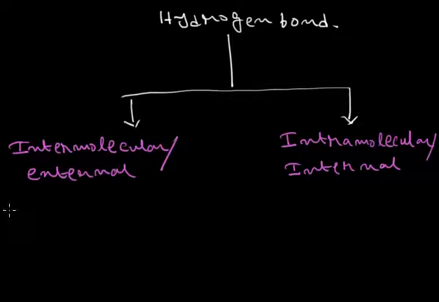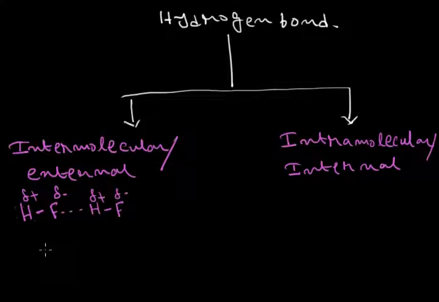In intermolecular hydrogen bond, two different molecules are associated with each other by hydrogen bond, like that. But in case of intramolecular hydrogen bond, the hydrogen bond is formed within a single molecule.